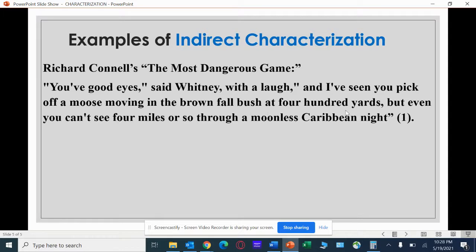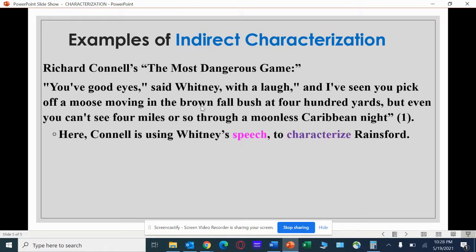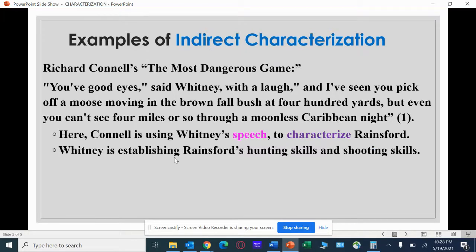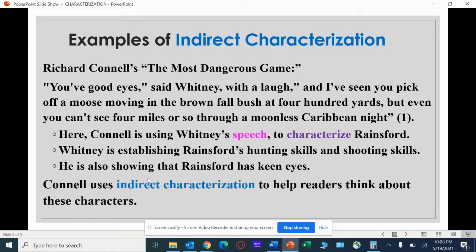So that is a key issue here. We see that really good characterization unfold. Connell is using Whitney's speech to characterize Rainsford. Whitney is establishing Rainsford's hunting skills and shooting skills without the narrator specifically telling us he's a good hunter. So we have to unravel all these ideas. He's showing that Rainsford has keen eyes.